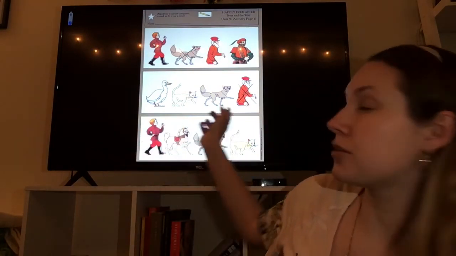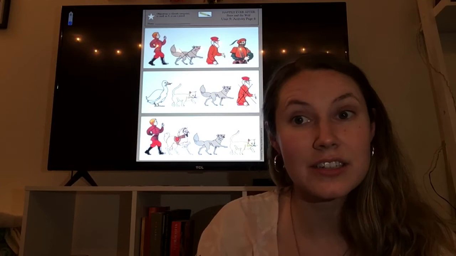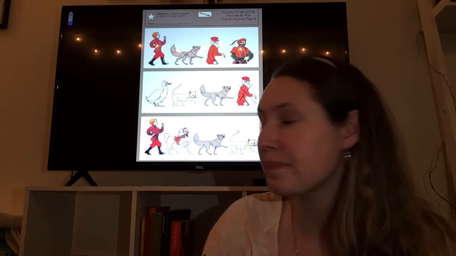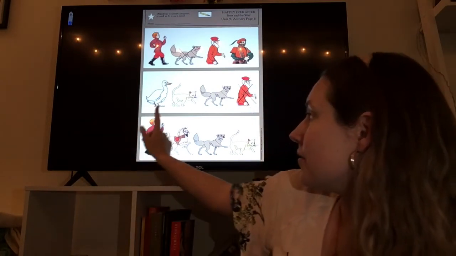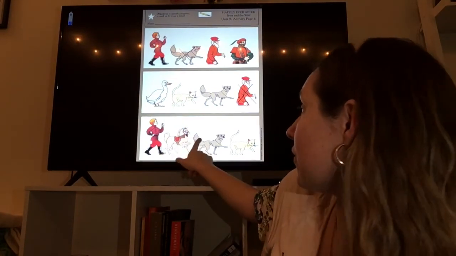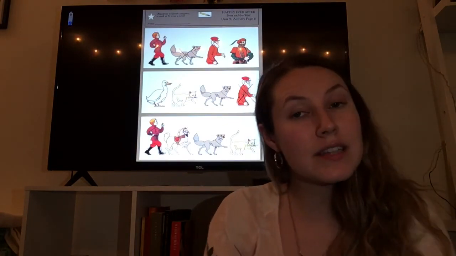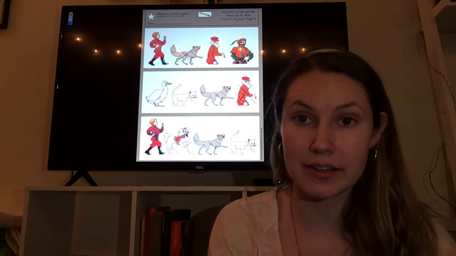Let's do our last row here. Let's go ahead and name our characters and try and figure out what could be the same. We have Peter. We have one of the hunter's horses. We have the wolf, and we have the cat. What looks the same about most of these characters?